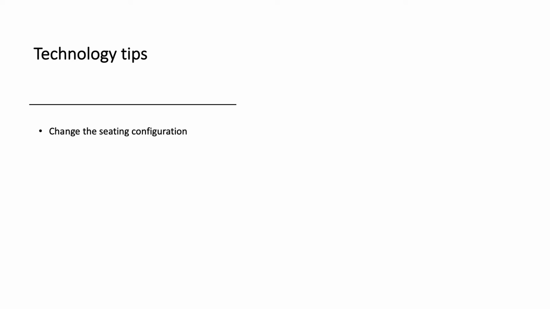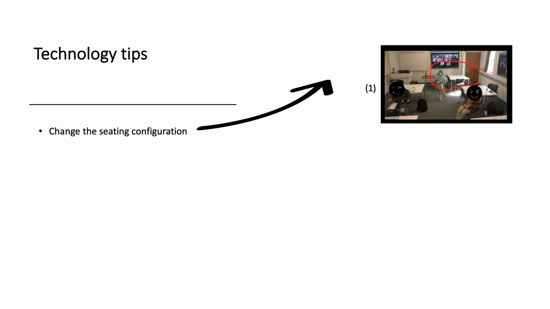And so I quickly realized that I also needed to change the seating configuration. Where do I sit? I need to allow for direct visual contact between students and visual contact between myself and my students. The classroom is wonderful, but it has one too many screens. And so students don't necessarily know where to sit.